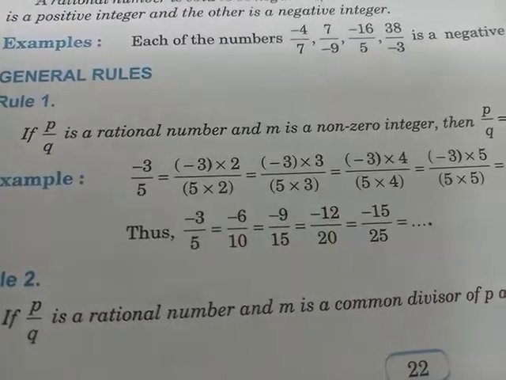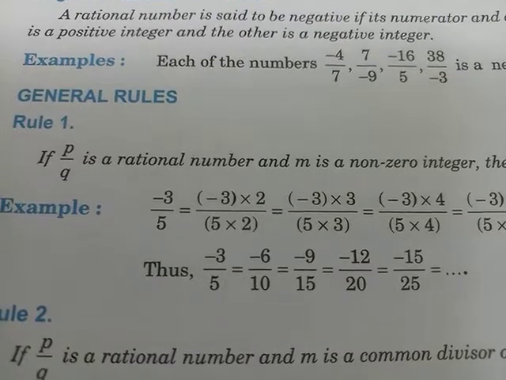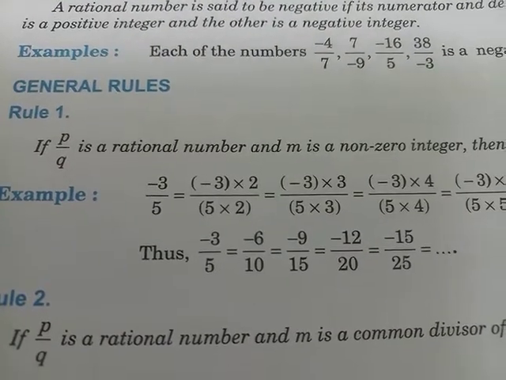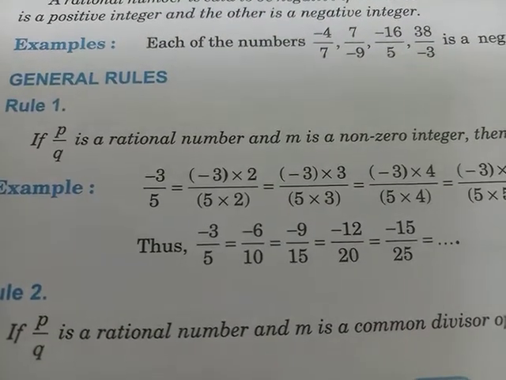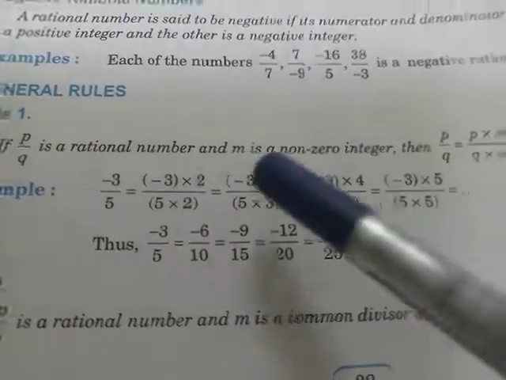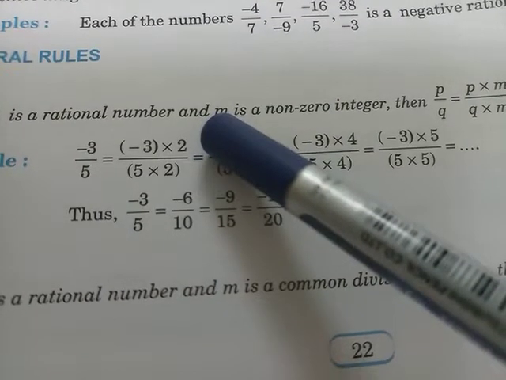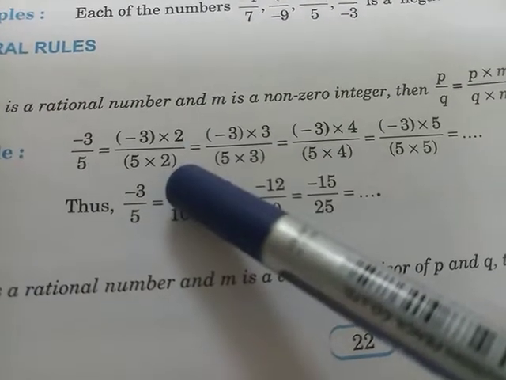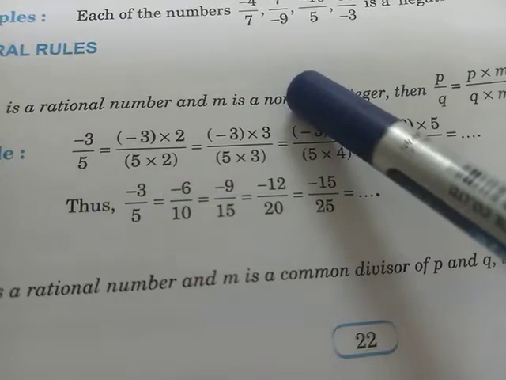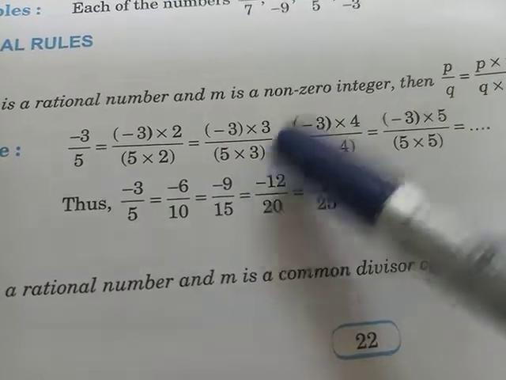If any rational number is multiplied by any number, it is going to be an equivalent number. See, minus 3 by 5 is given. Minus 3 is multiplied with 2, as well as 5 is multiplied with 2. Minus 3 is multiplied with 3, 5 is also multiplied by 3.